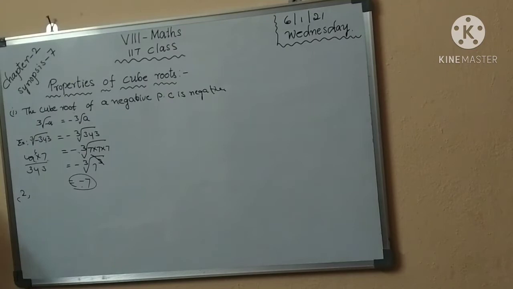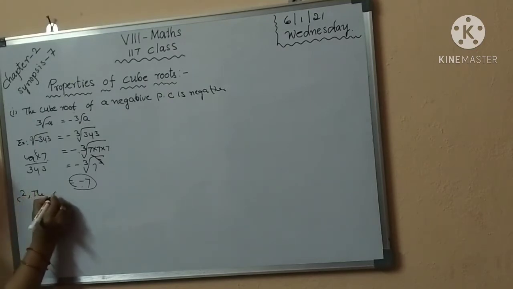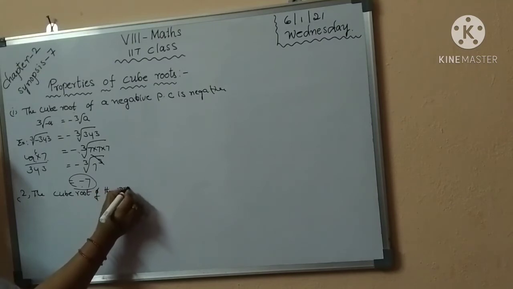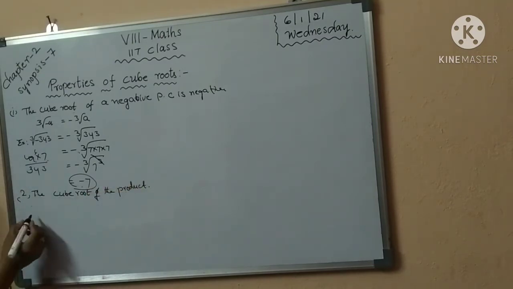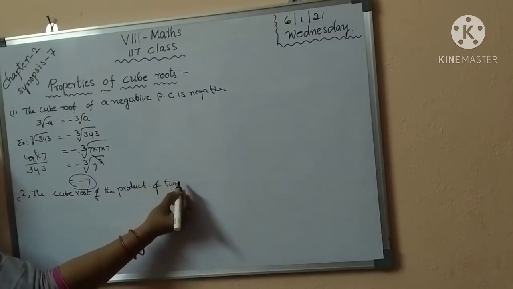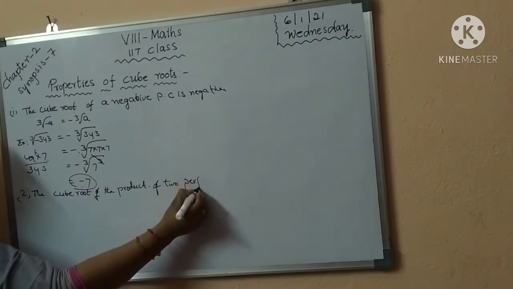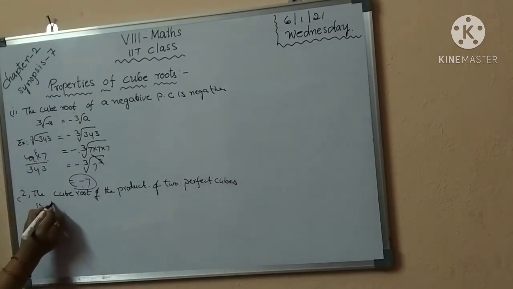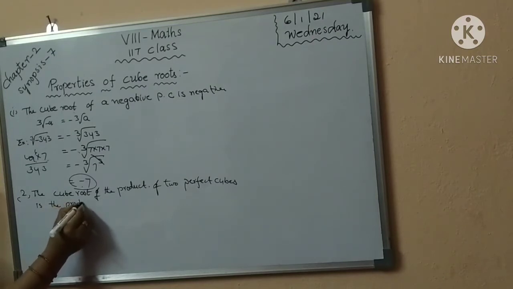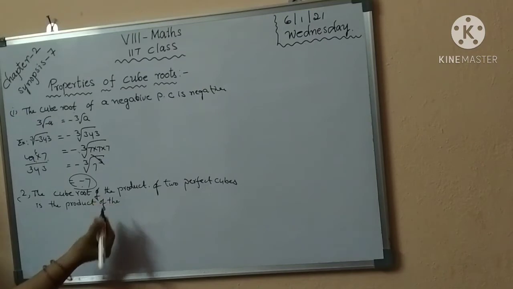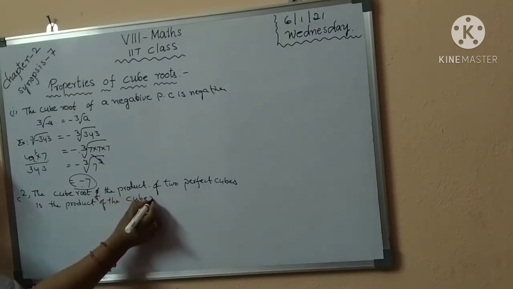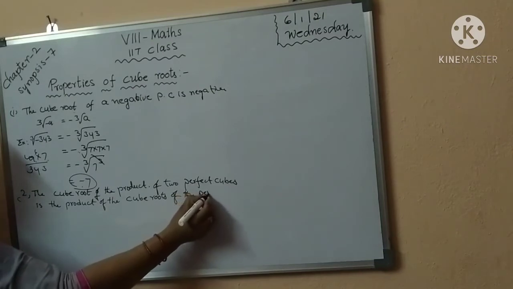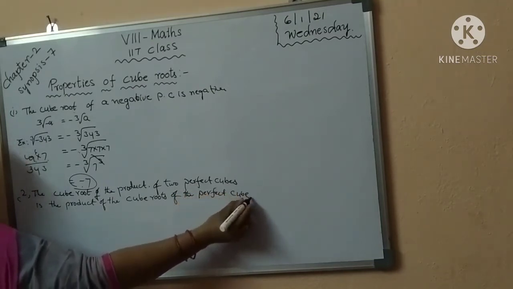Next property. The cube root of the product of two perfect cubes is the product of the cube roots of the perfect cubes.